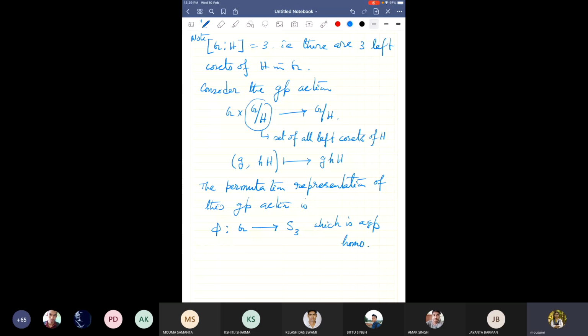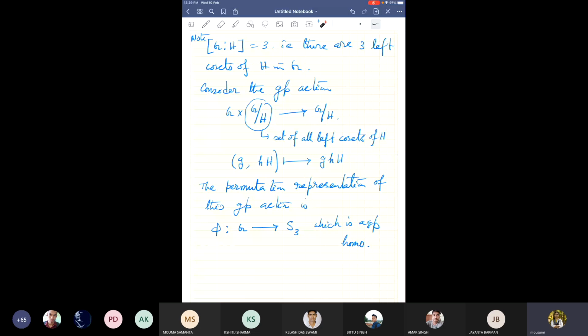What I want to show is that G is isomorphic with S3, right? So I have already defined a group homomorphism. And what else do I know? I already know the cardinality of G is the same as the cardinality of S3. S3 has 6 elements, G also has 6 elements. So if I am able to show that this map is one-one, then it will be a bijection, right?